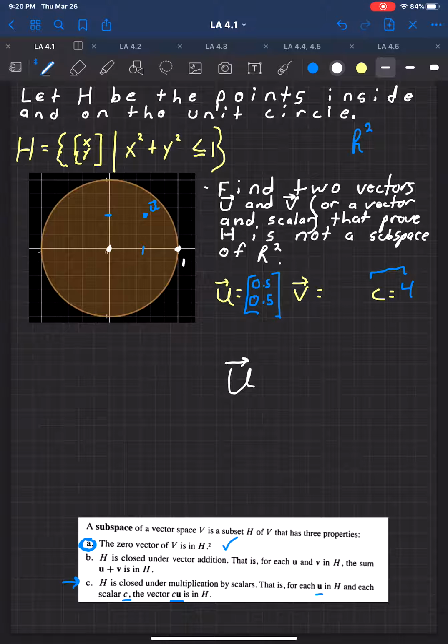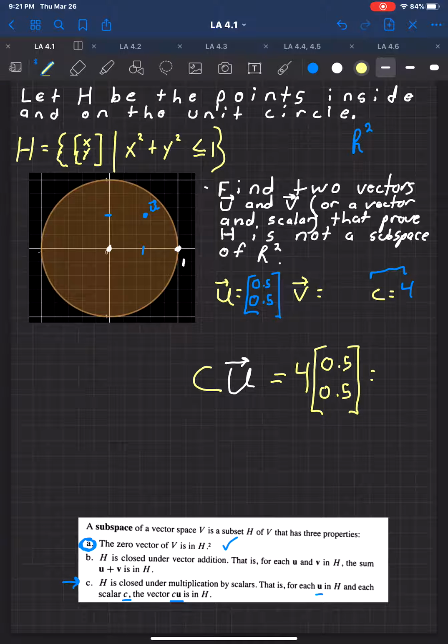What we're going to do is let the scalar c multiply by u. In this case, we chose a scalar of 4 and a vector of 0.5, 0.5. If we distribute that scalar, we get a new vector.